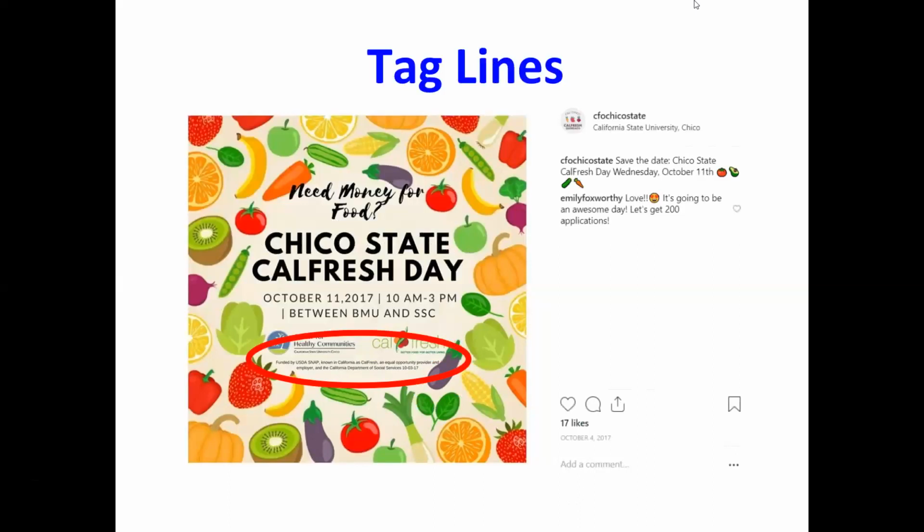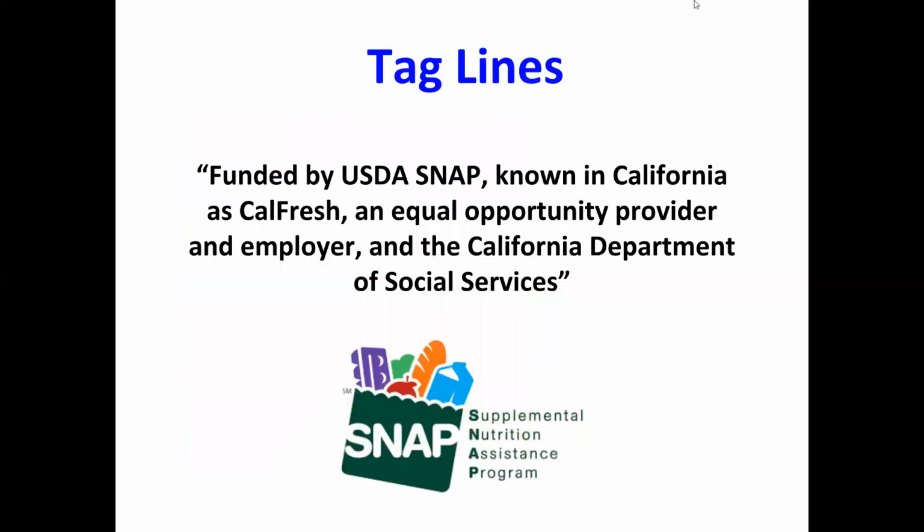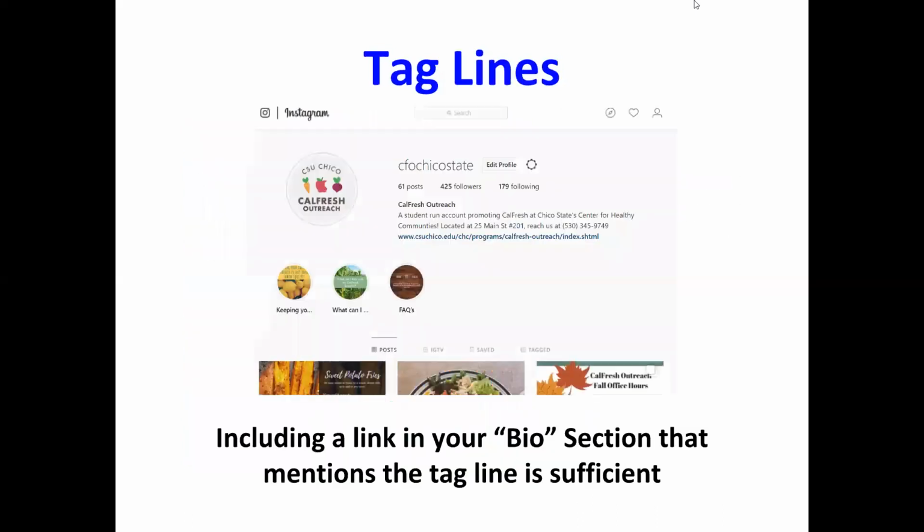I do want to say, though, that if you are not going to be using this on your social media posts, you should have a link in your bio, like your Instagram or your Twitter, whatever it may be, that comes back to your website where someone could find more information about your program, and that website should have that tagline somewhere.